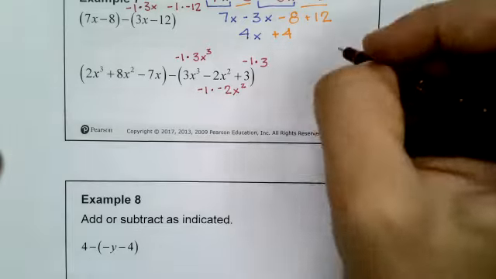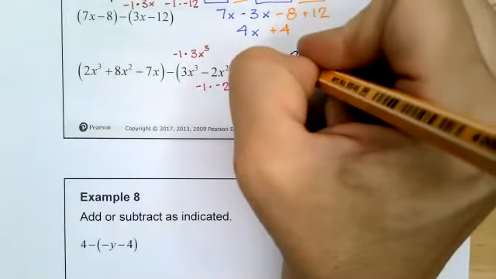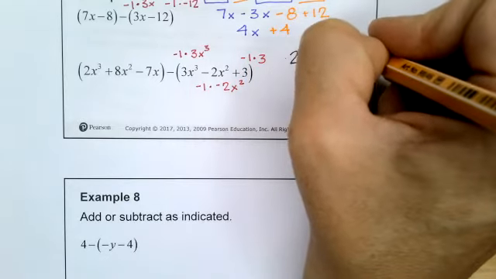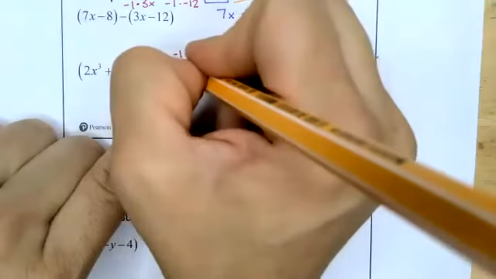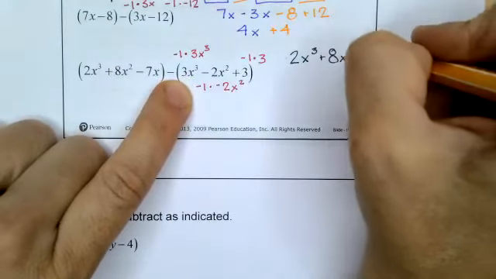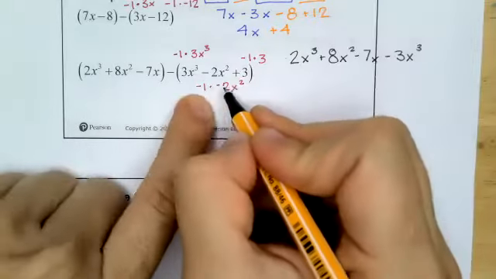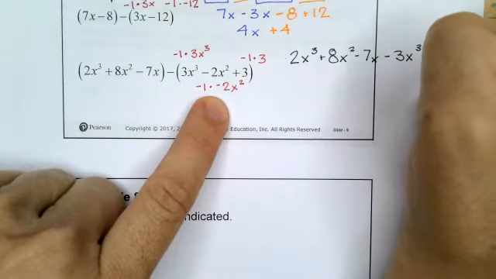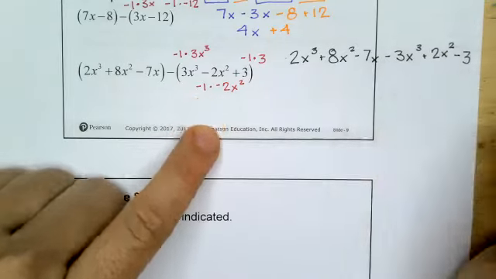So that becomes 2x cubed plus 8x squared minus 7x. Negative 1 times a positive 3x cubed is a negative 3x cubed. Negative 1 times the negative 2 becomes a positive 2x squared. And then negative 1 times a positive 3 becomes a negative 3.